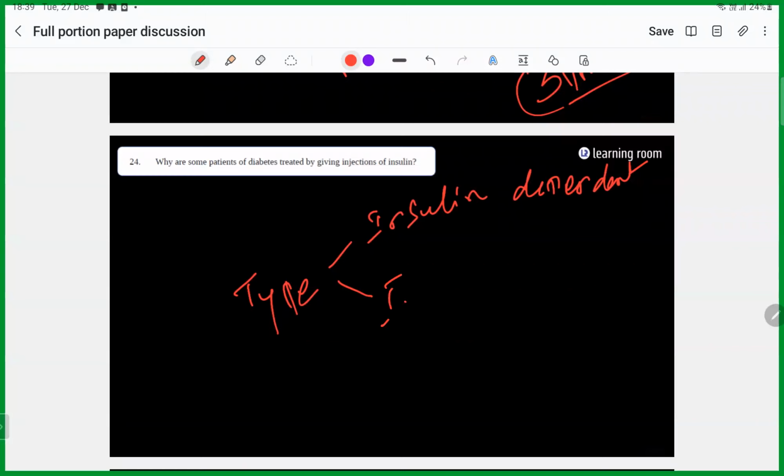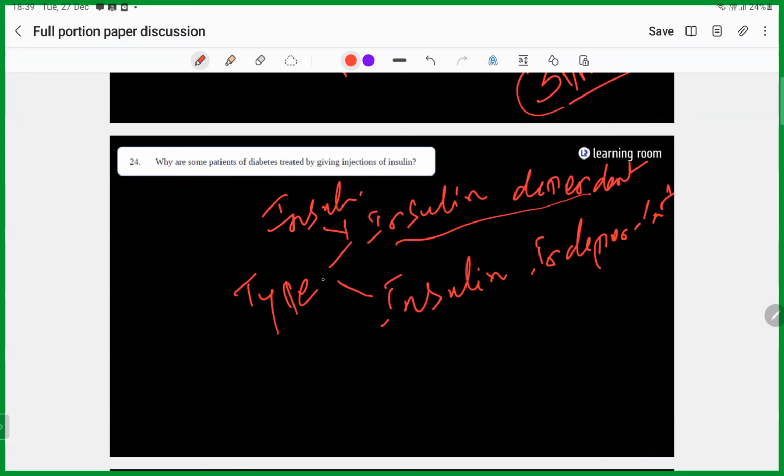Insulin dependent and insulin independent. If it is insulin dependent, then only if they give insulin injection is it controlled. So the patient is diagnosed with insulin dependent diabetes mellitus. If insulin is given, it can be controlled. Okay, fine.